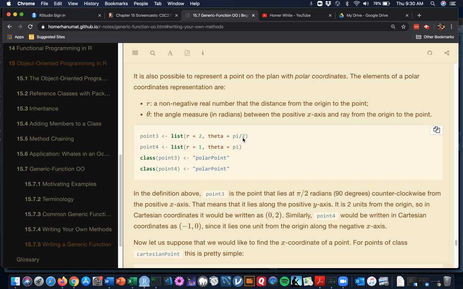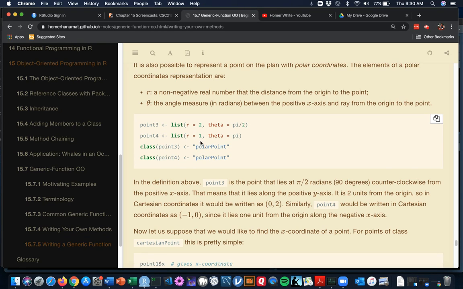It's the point (0, 2) in regular Cartesian coordinates, but here we are listing it in polar coordinates. And the second point, point 4, is 1 unit away from the origin, makes an angle of pi with the positive x-axis. So actually it sits along the negative part of the x-axis. It's the point (-1, 0) in regular Cartesian coordinates.